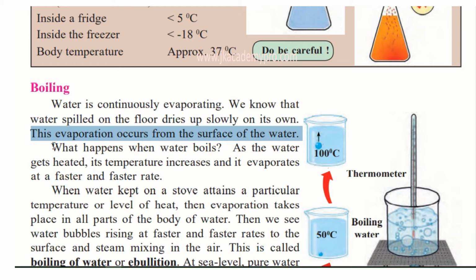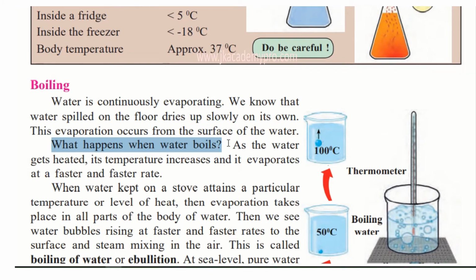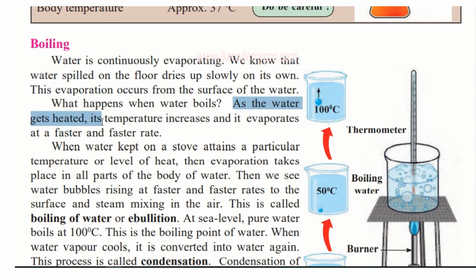So what happens when water boils? We know that water boils at 100 degrees Celsius. So what exactly is happening? As the water gets heated, its temperature increases and it evaporates at a faster and faster rate. As soon as we keep anything for heating, the substance gains heat, and as soon as it reaches a particular temperature, it will change from one state to the other.